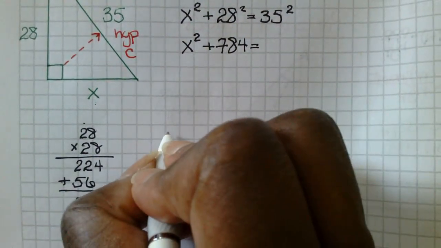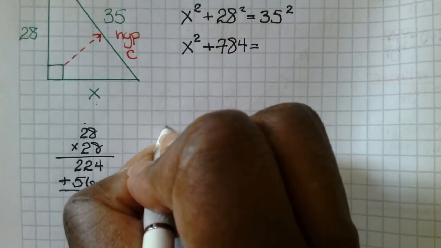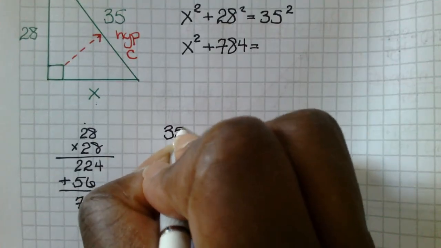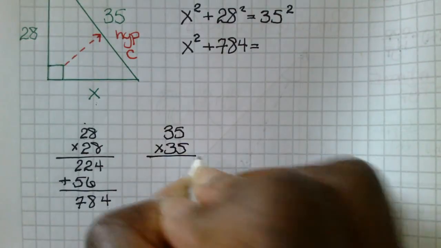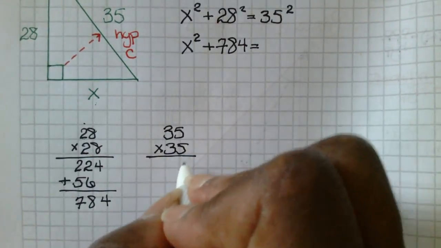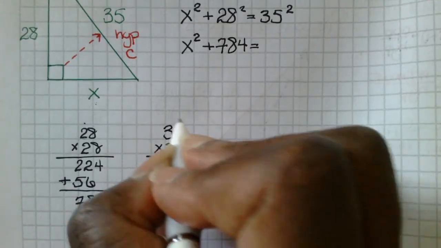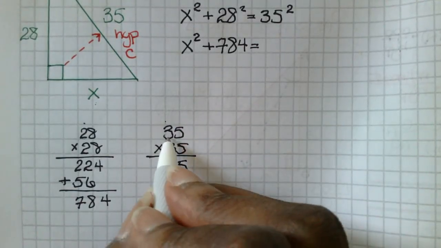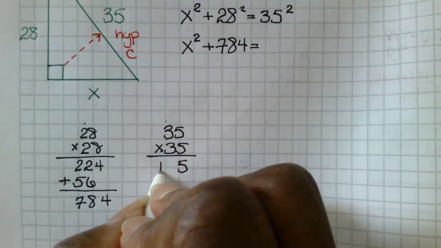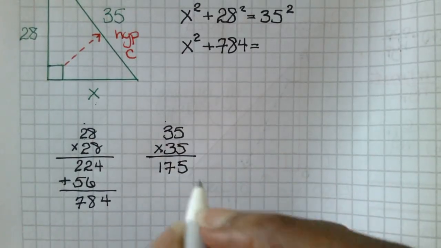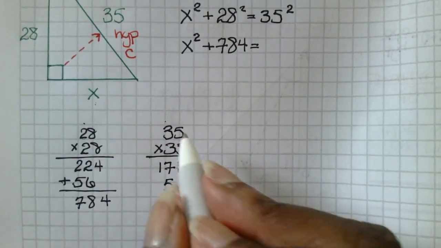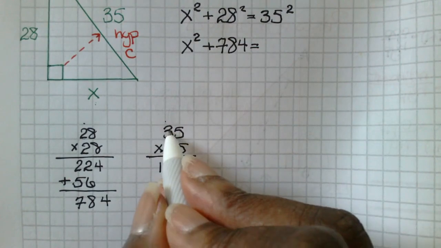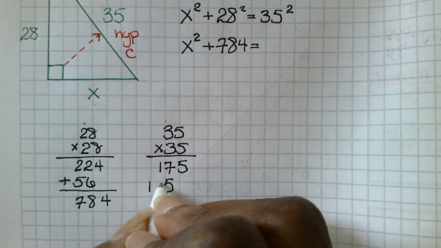So 35 squared does not mean 35 times 2. So it's 35 times 35. So 5 times 5, carry the 2. 5 times 3 is 15, plus 2 is 17. Then we have 3 times 5. That gives us 15, carry the 1. 3 times 3 is 9, plus 1 is 10.